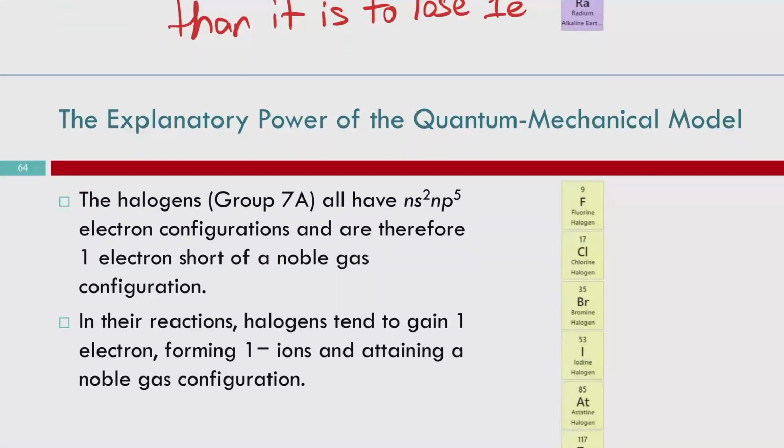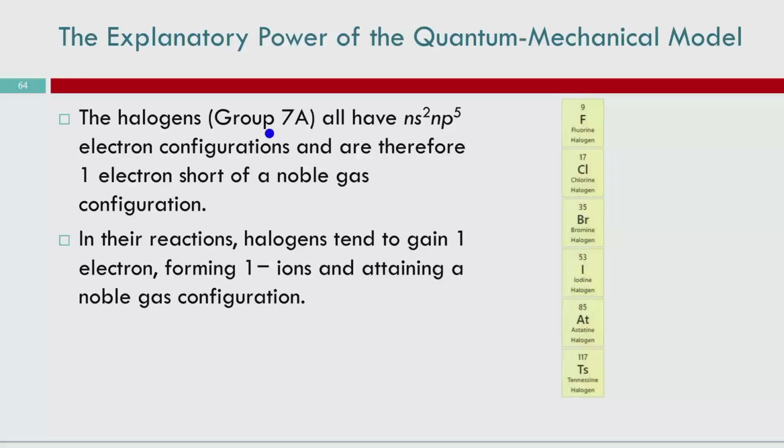All right, our halogens, which is our group 7A or group 17, these all have ns2, whatever the row number is, np5. They are 1 electron short of noble gas configuration.